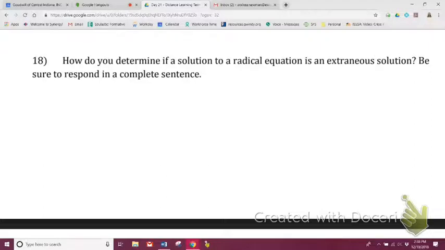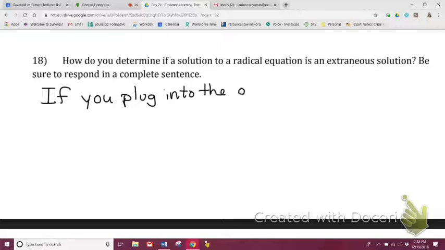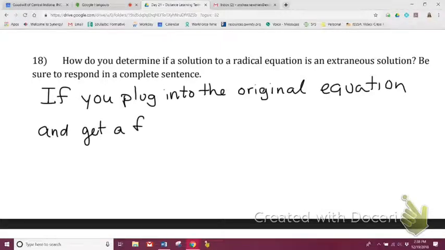How do you spell original? So it's called extraneous if it does not work.